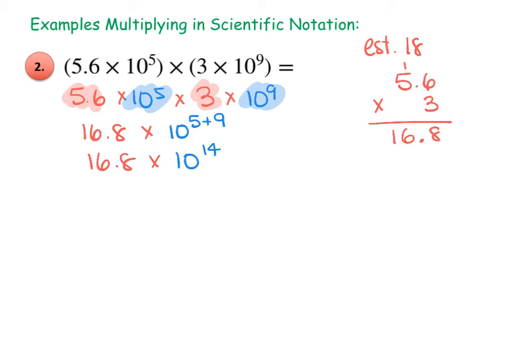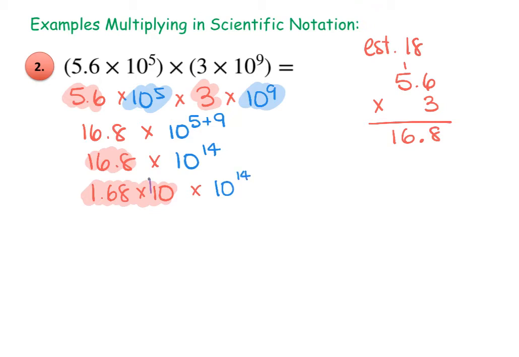Well, in this case, it's not in scientific notation because I have 16.8. So I need to rewrite this so that it is in scientific notation. I'm going to rewrite this as 1.68 times 10, because 16.8 in scientific notation is 1.68 times 10. So now both of these two things that I've highlighted in red are equal. And then I still have times 10 to the power of 14.